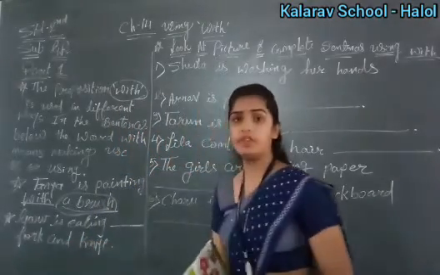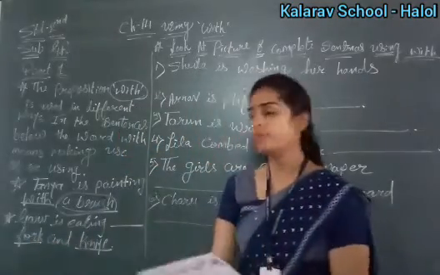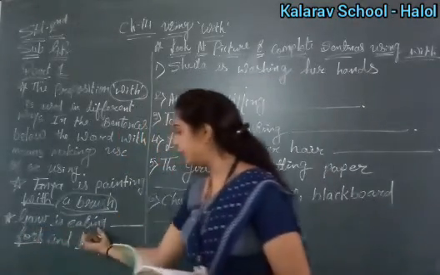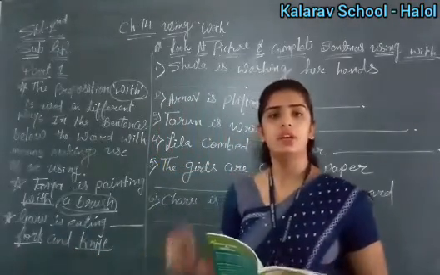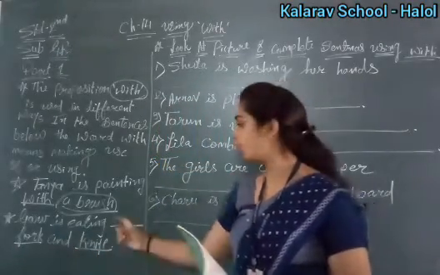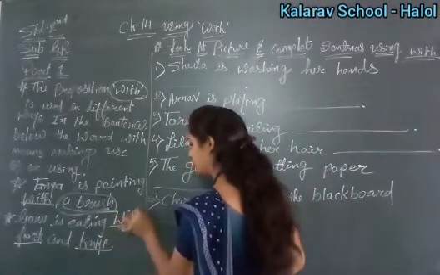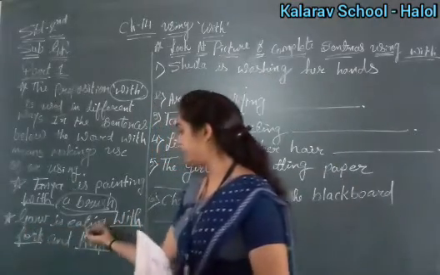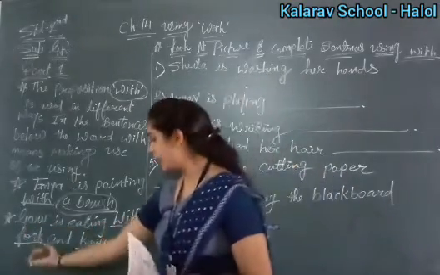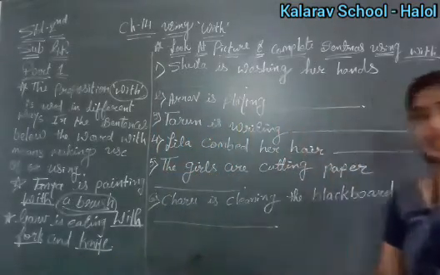Here we have given two things, fork and knife. Clear? Girl is eating dash fork and knife. वो किससे खा रहा है? Fork से and knife से. तो हम यहाँ पे क्या यूज करेंगे? We will use "with". समझ आया? कैसे करेंगे? Girl is eating with fork and knife. Clear? Now see what is the next.